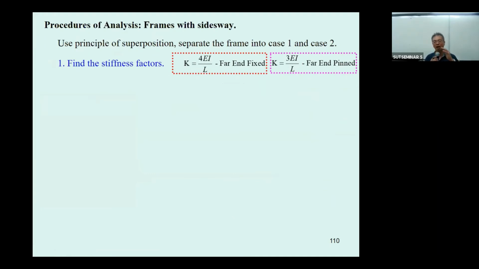We're going to do a lot of modification for the frame with sidesway. Now, as you may conclude, we're going to do moment distribution 2 times because the frame is going to be separated into 2 cases.